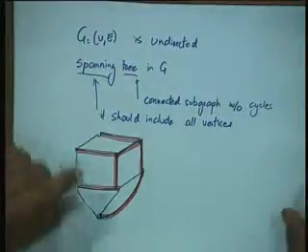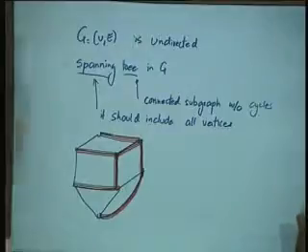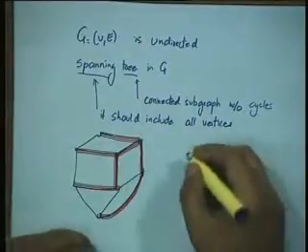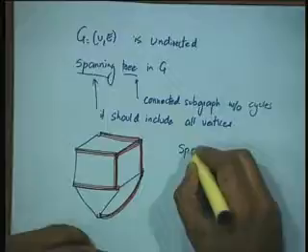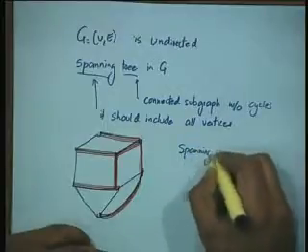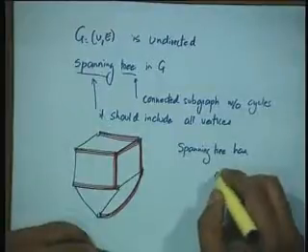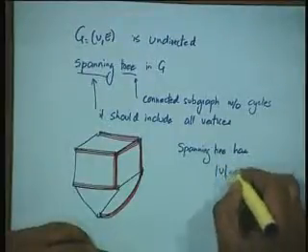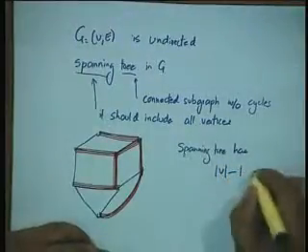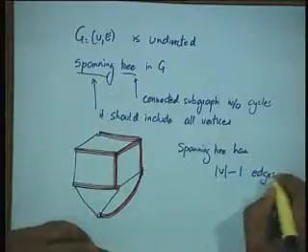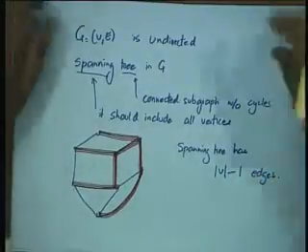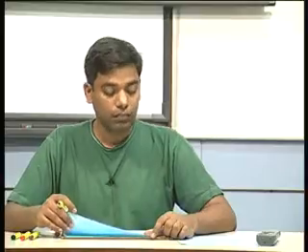So, we know that if the graph has n vertices, a spanning tree has how many edges? Number of vertices minus 1 edges. Great.